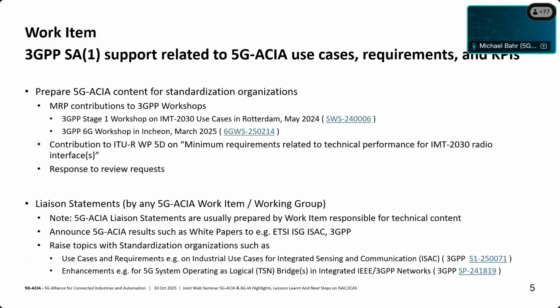We use it for announcing white papers, for instance, at the ISAC, we announced our white paper you heard in session 1, but also to communicate certain white papers, information, issues, or other things to 3GPP, to raise topics with standardization organizations. Here you have 2 examples which we sent to 3GPP on the integrated sensing communication use cases and requirements, but also on some proposed enhancements for the 5G system operating as a logical TSN bridge in integrated network.